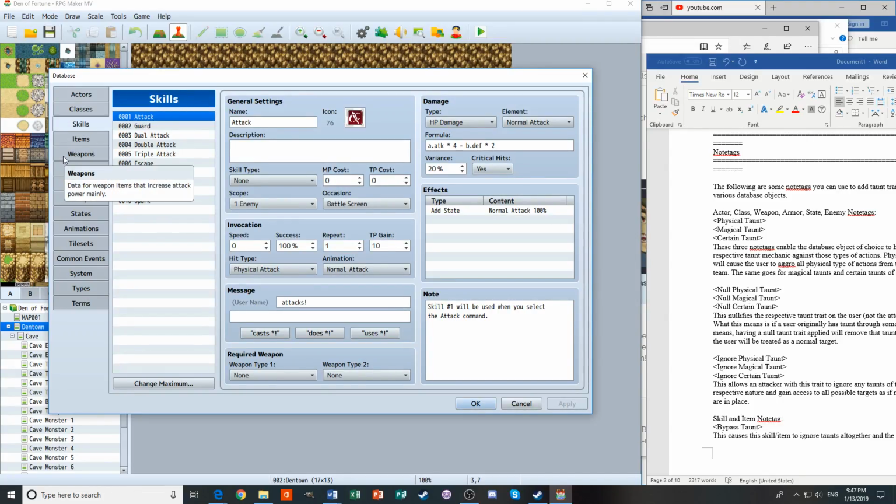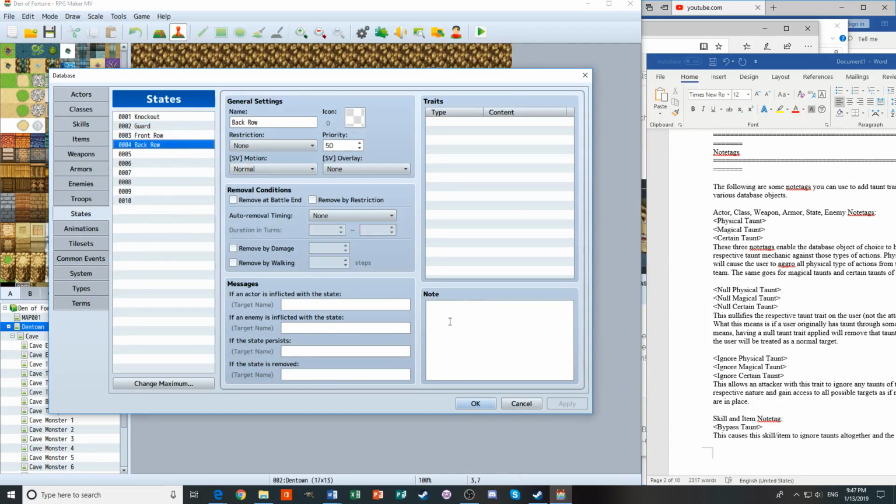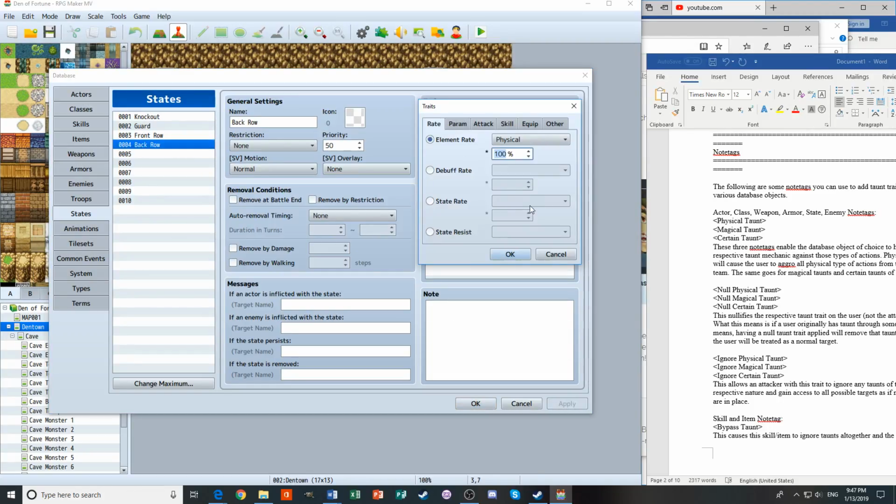So I guess this will go stats, back row. We have, if you're in the back row, element rate, physical. I could just put physical down to 0. That would be one thing to do. Debuff attack would be another thing I could do. I could come up with more states.